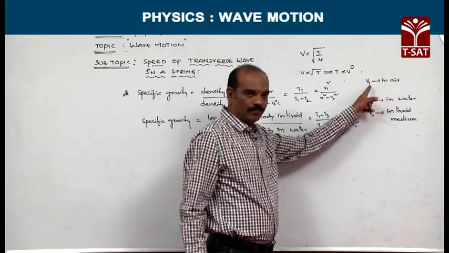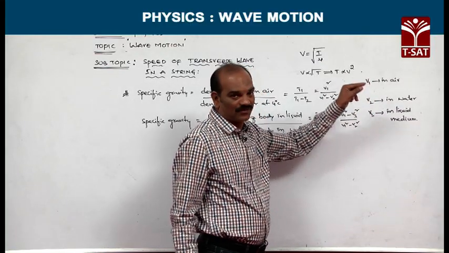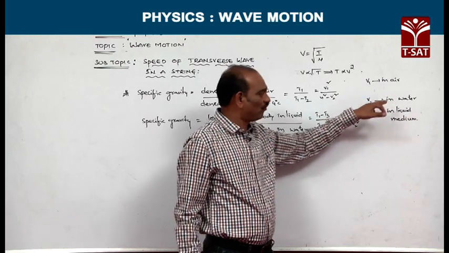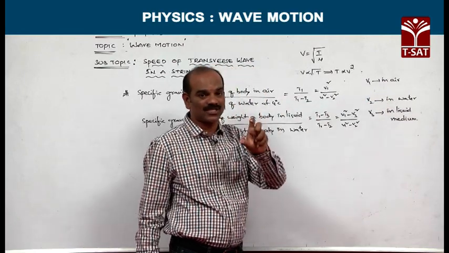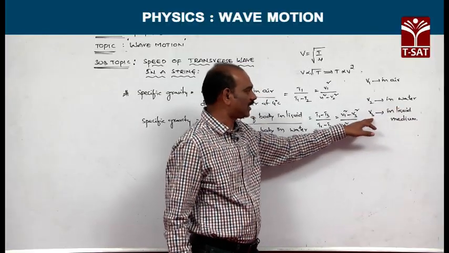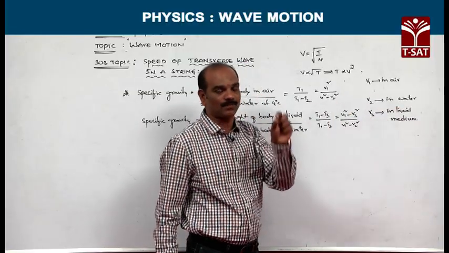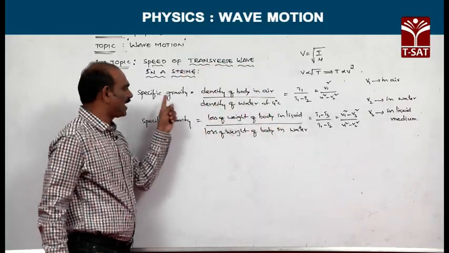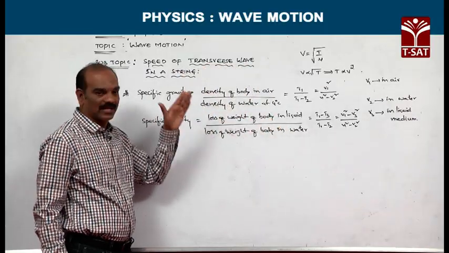Suppose V1 is the speed of a transverse pulse propagating through a string in air, V2 is the speed in water, and V3 is the speed in some other medium. Then we know the various forms of specific gravity.